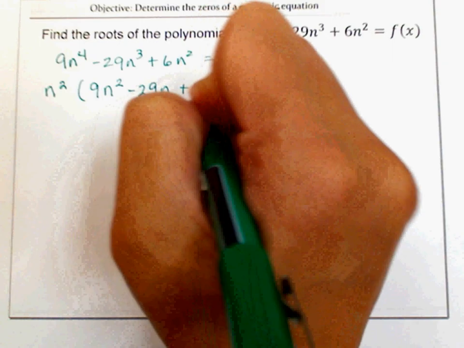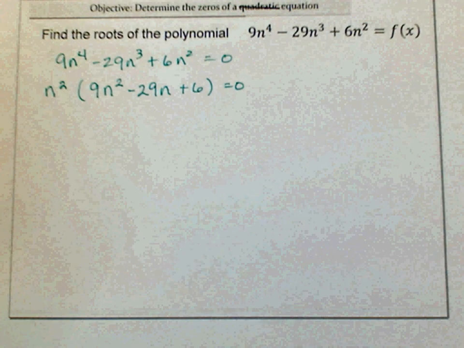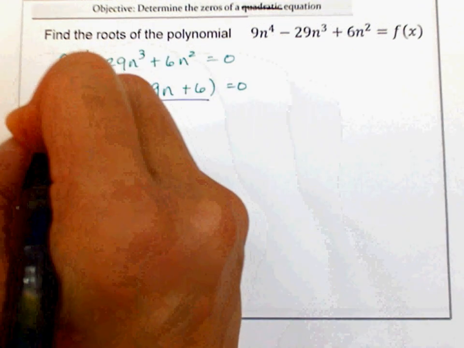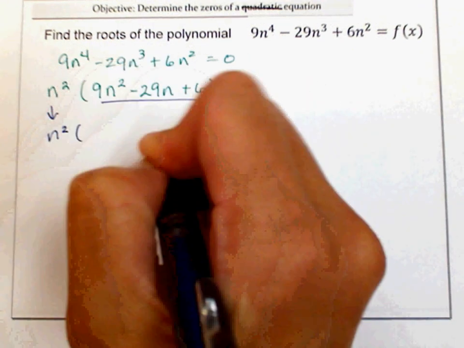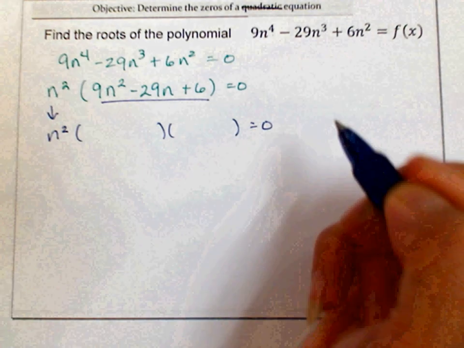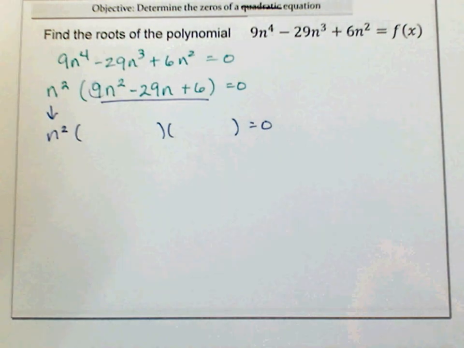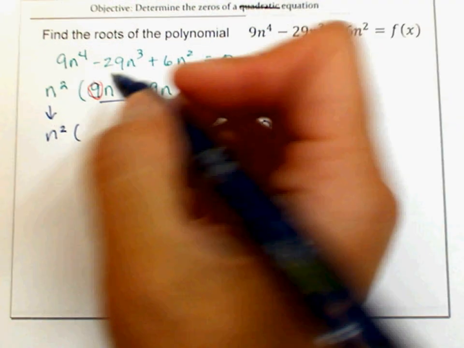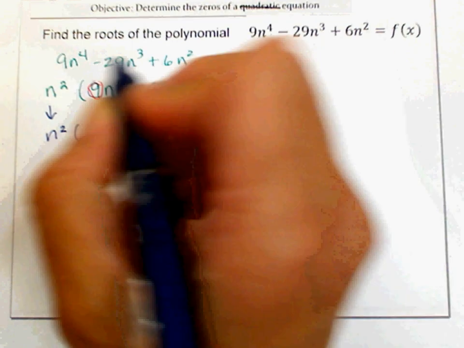Everyone good? All right. Now we're going to factor this part. N squared comes down. Draw two sets of parentheses. That 9 will come into play later. This 9 right here. Factors of n squared: n and n. 9 times 6, positive 54.